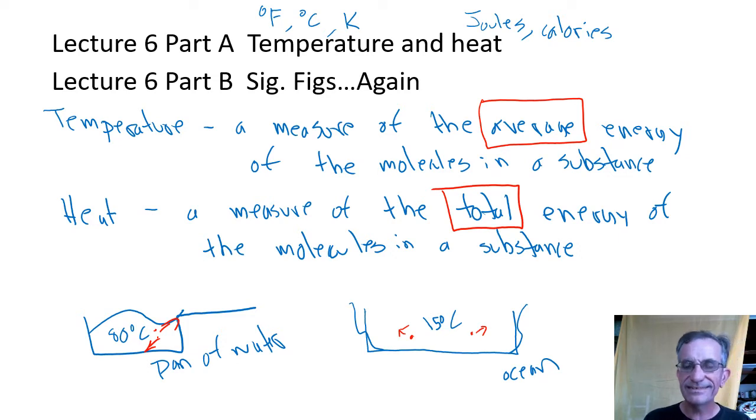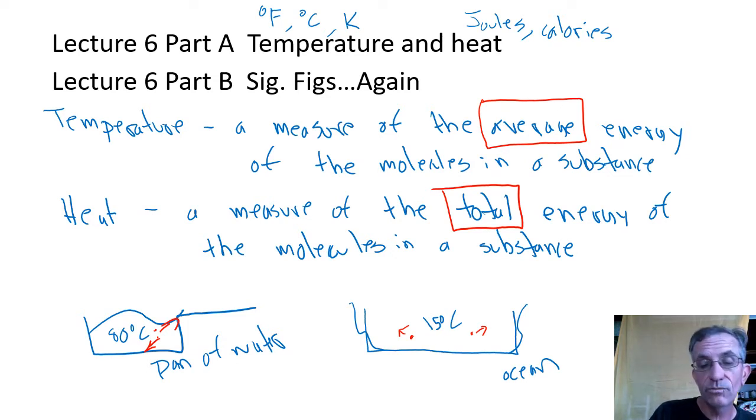Now, the difference is when I get to heat, the word total. Yes, in the ocean, every little molecule's going kind of slow. But if we add up all of their energies together, because there are so many of them, billions and billions of billions compared to a little pan of water, the total energy of them all together, even though they're sluggish, is way bigger.